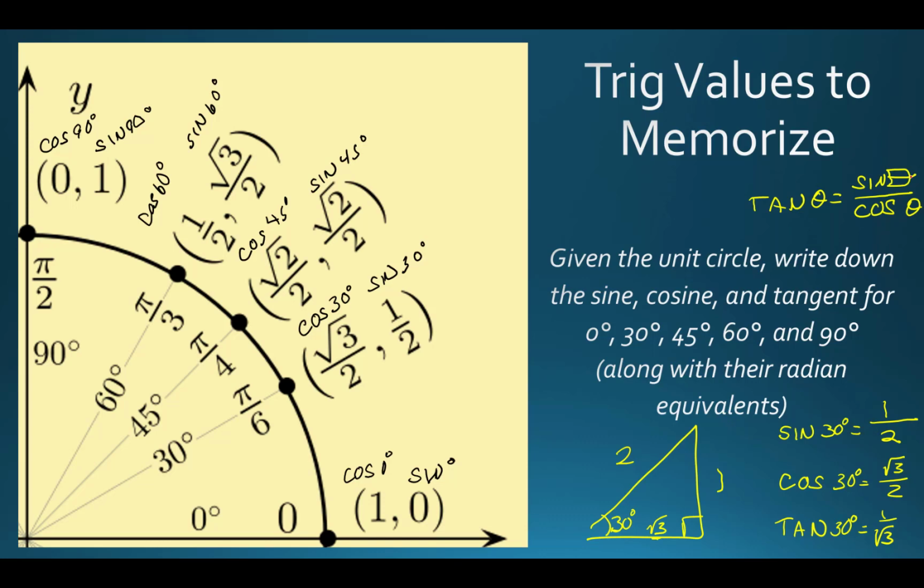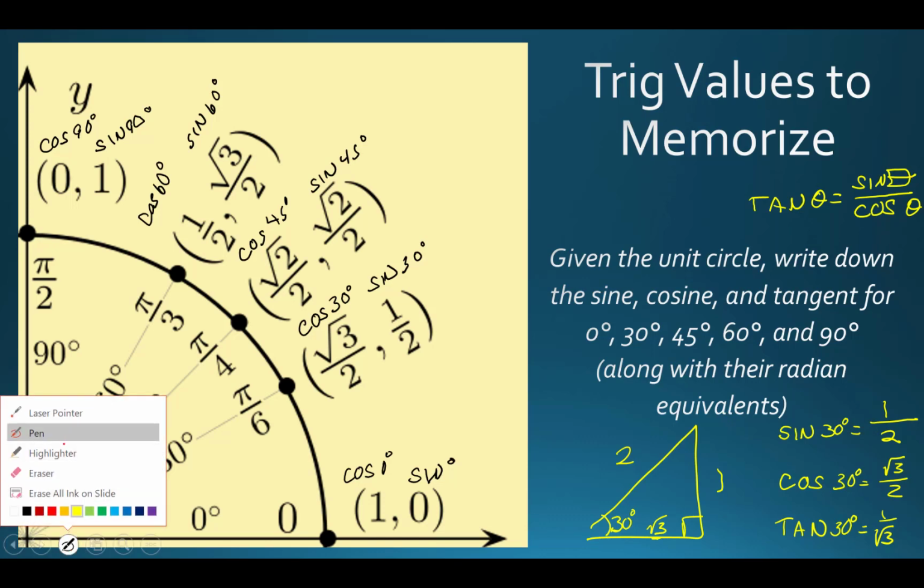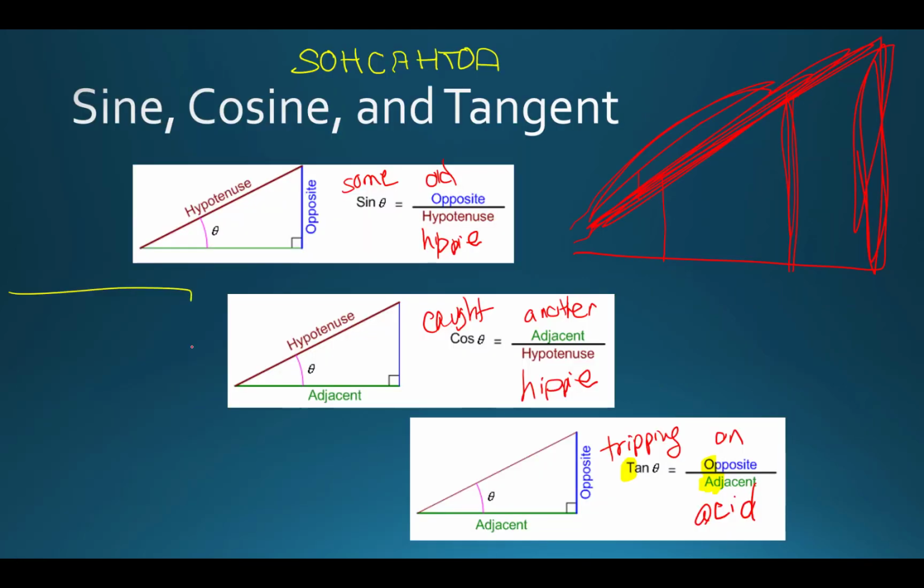I'm going to be dead honest as opposed to all the lying that I've been doing so far with you guys. I just learned sine, cosine, tangent pairs. For 30 degrees, I just memorized that it's 1/2, square root of 3 over 2, and square root of 3 over 3.